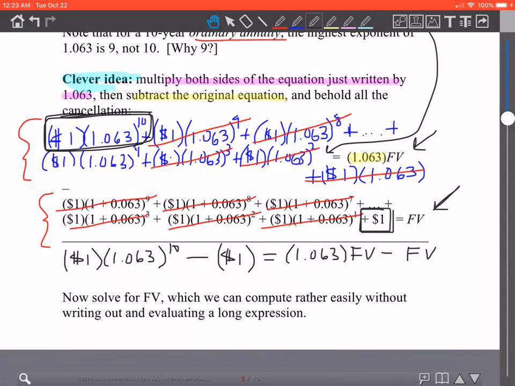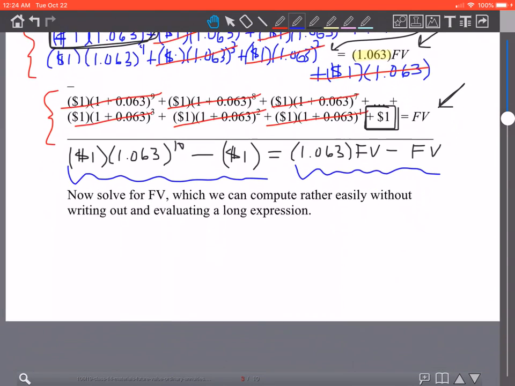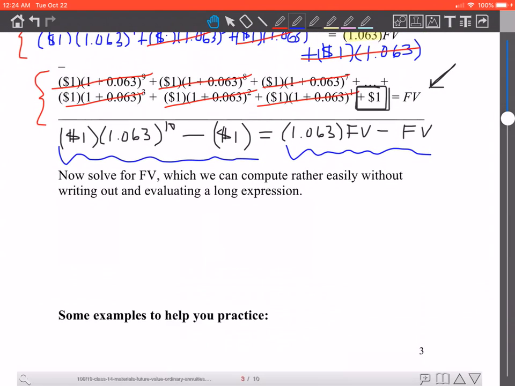Now we want to solve for future value. So on the right-hand side, we want to end up with this, but right now we have a few things to clean up. So what can we factor out, clean up, use a little bit of algebra to help us do this? I'll just erase this for a second to give me a little bit more space. So we're going to factor out $1 from both of the terms on the left-hand side.